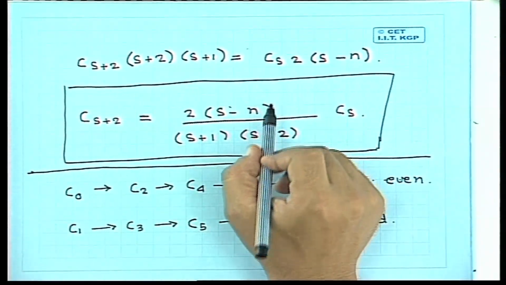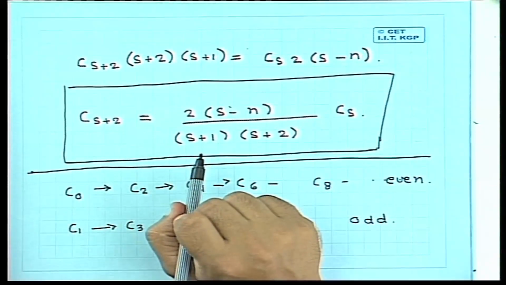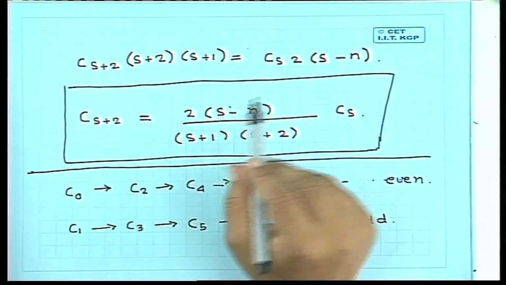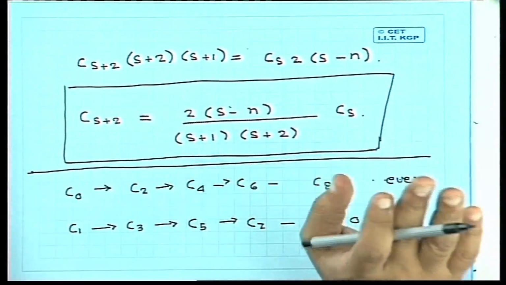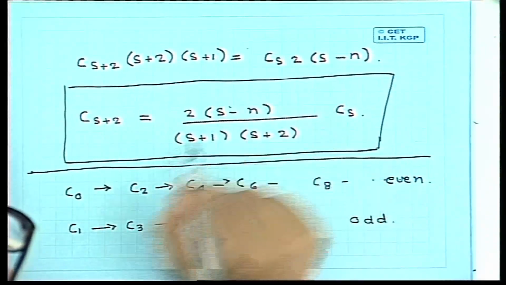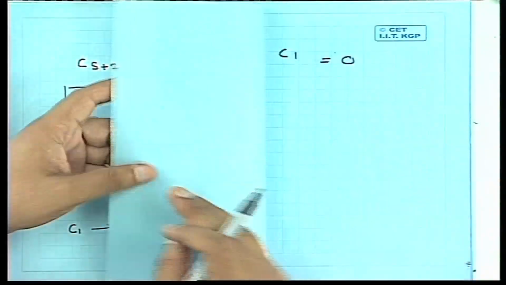If n is an integer, let us say it's an even integer to start with. Suppose n is equal to 2. If n is equal to 2, then what happens? Let us just work out n equal to 2, and that will explain everything very clearly.